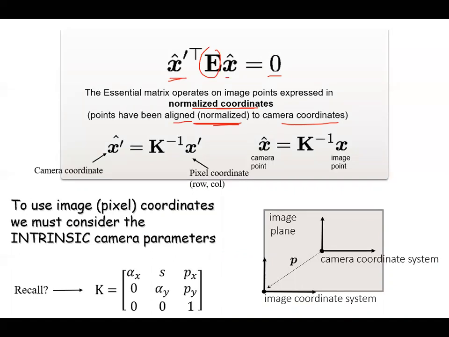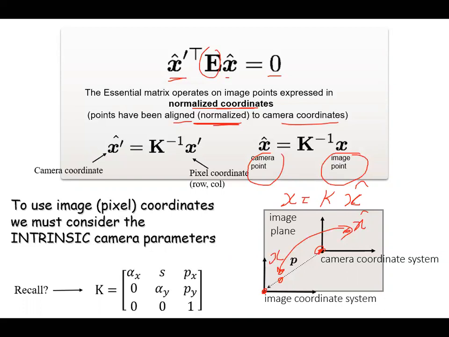So now, if I have the image plane and the camera coordinates, how were they related to each other? If I have an image point and a camera point, what was the relation earlier? If you recall, if this is X and this is X cap, X is equal to K X cap, correct?